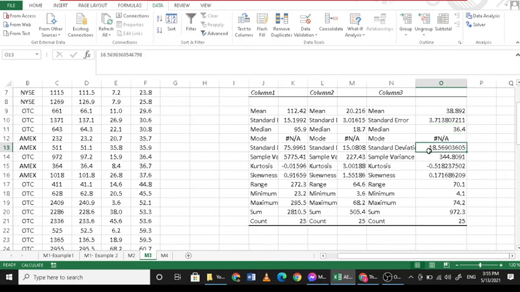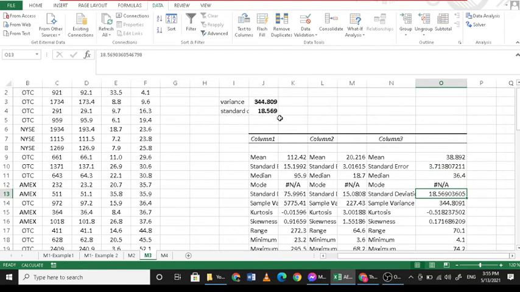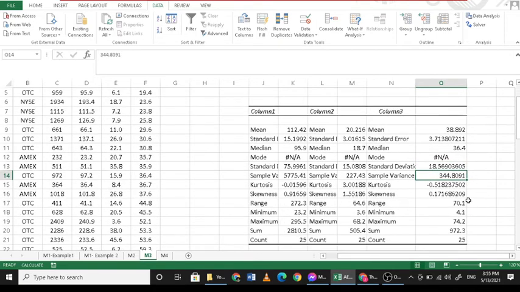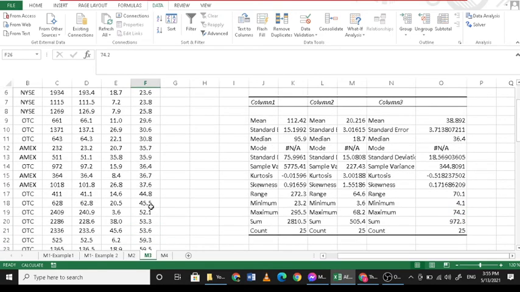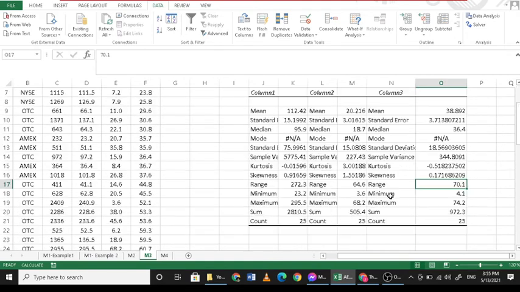Then the standard deviation is 18.56, and the variance is 344.809, so that's the same. The sample count is 25, with a sum of 972.3. The minimum is 4.1 and the maximum is 74.2, so the range is 70.1. You can also do that.